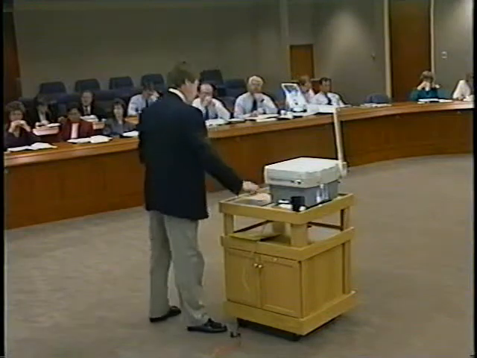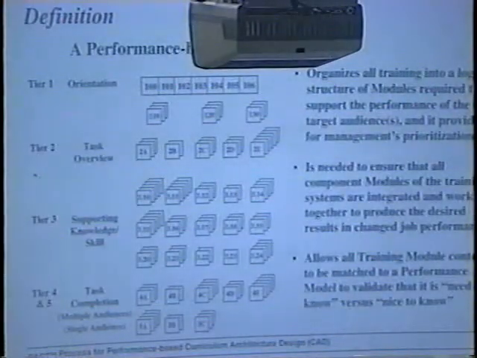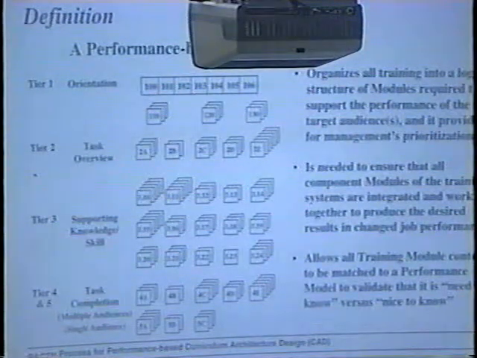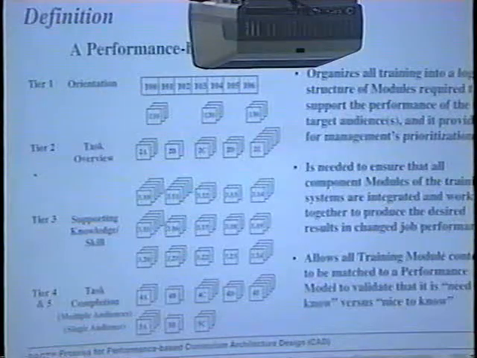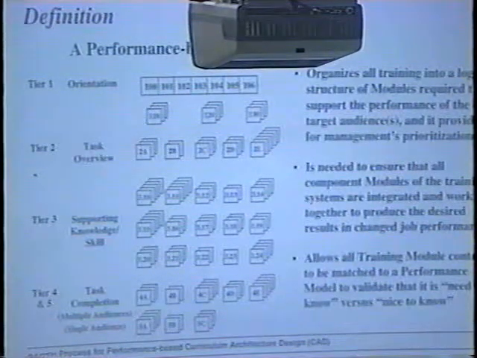Okay, this concept of a curriculum architecture is simply the entire system of training that could be understood at the event, product level, and the sub-assembly level, with an understanding of all the target audiences. What we have here on the left is a way to organize the inventory of all the modules. It's not how the product looked.